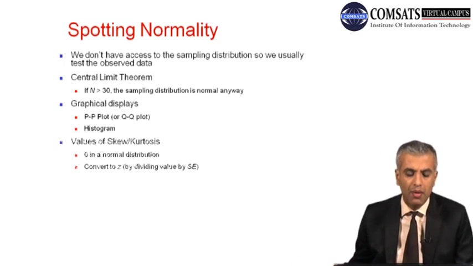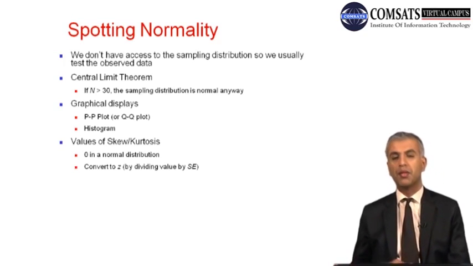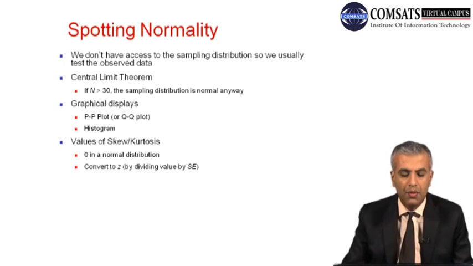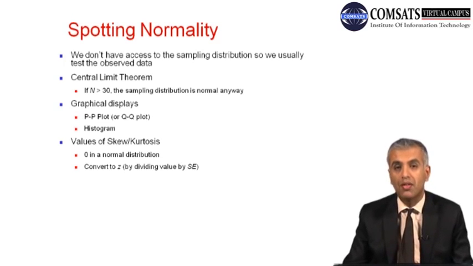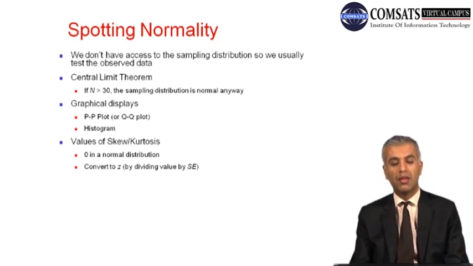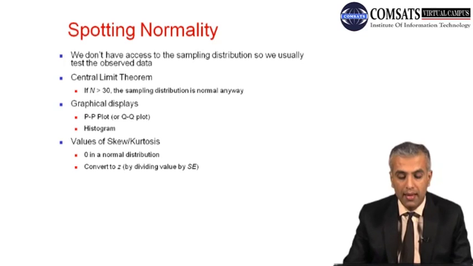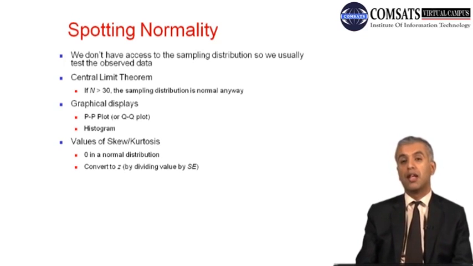So now the other standard procedure of spotting the normality is to find out the values of skewness and kurtosis. We discussed that in detail, and ideally these values should be equal to 0 in a normal distribution. However, mostly these values may fluctuate from 0, and sometimes we do have to convert them to z values by dividing these values by their relative standard error.